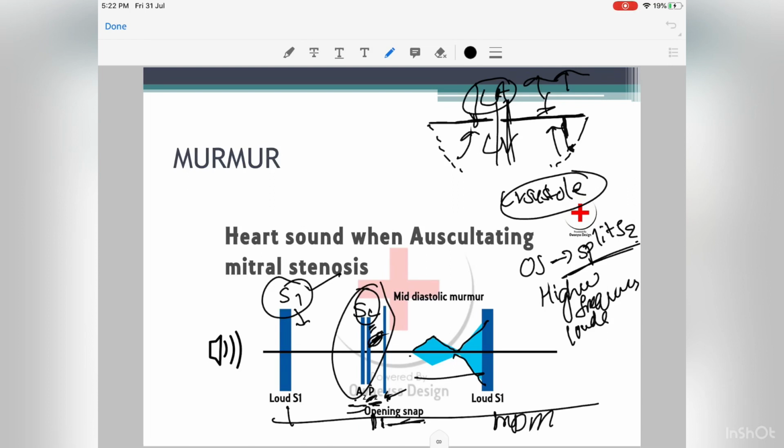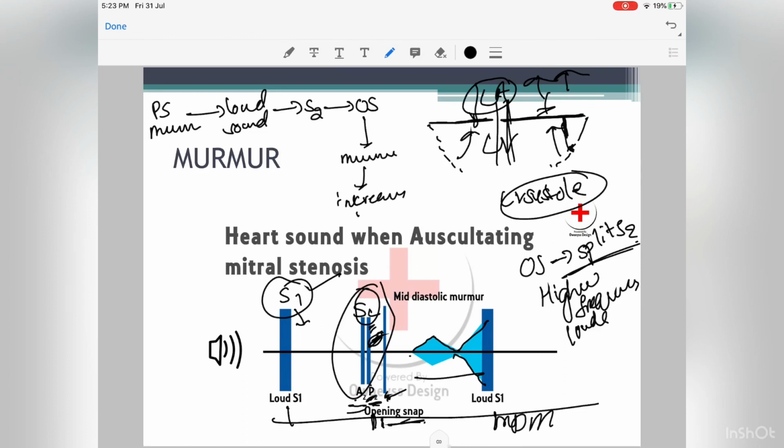So there is a pre-systolic murmur followed by a loud sound, followed by S2, which is relatively softer compared to this sound. After that, a louder sound, that is the opening snap, followed by a murmur. The murmur increases in intensity. Then again you can hear the loud sound, that is the first heart sound.